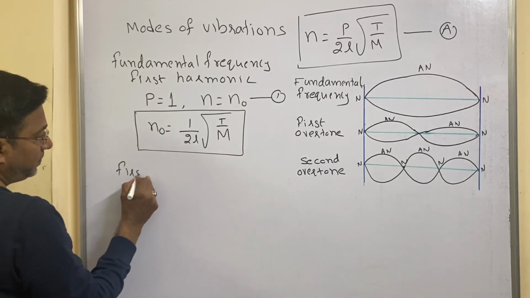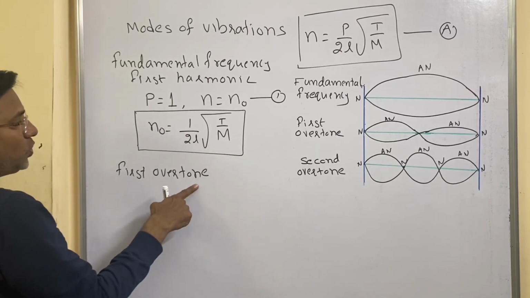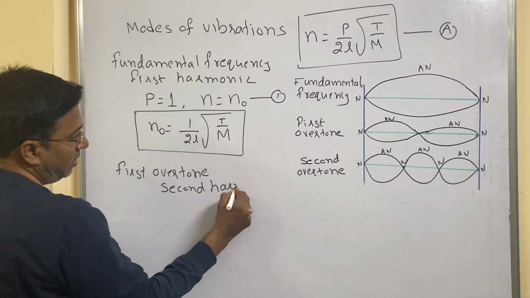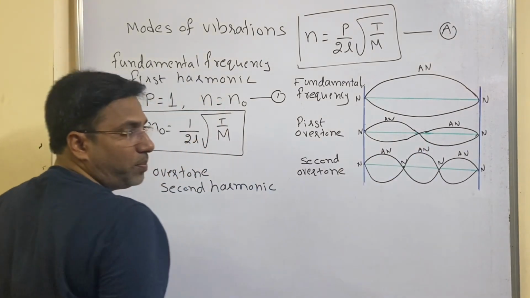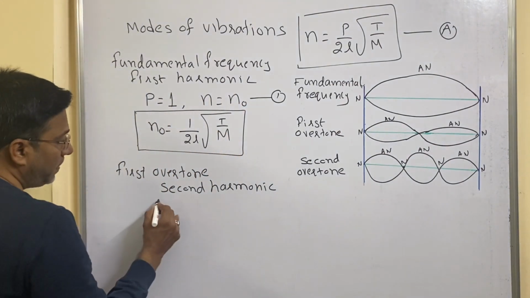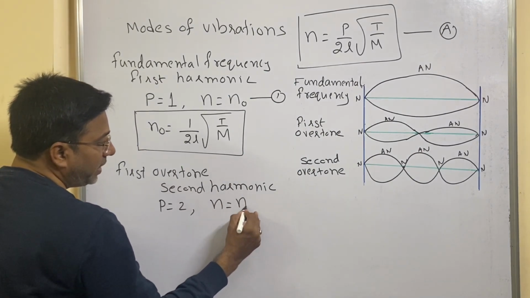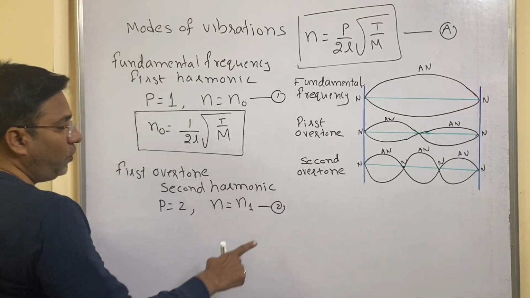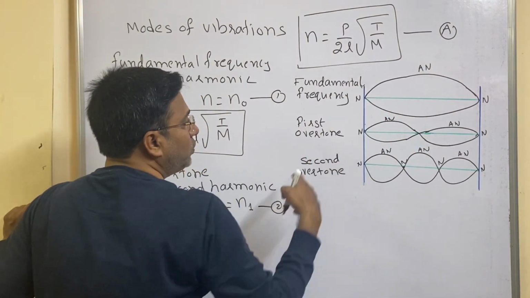Now for the first overtone. The first overtone is also called the second harmonic. In the second harmonic, 2 loops are there, so the number of loops is 2. Therefore, P equal to 2 we can write, and for frequency we represent it as n1. Make this equation number 2. If we put equation number 2 in equation A, we will get the formula of the first overtone.